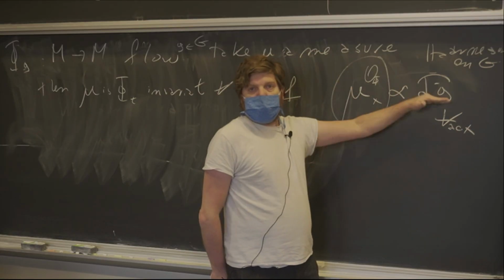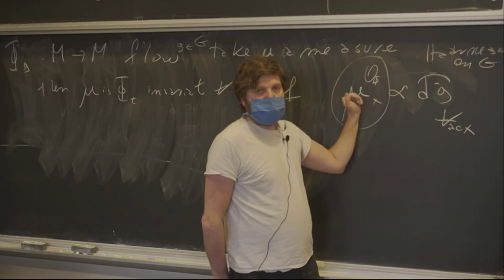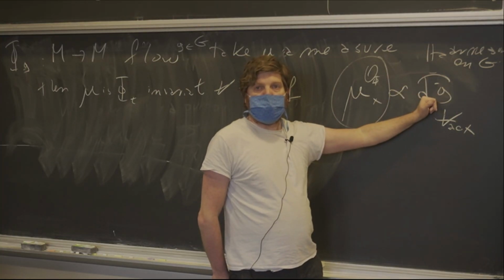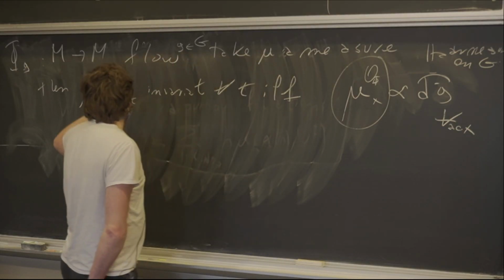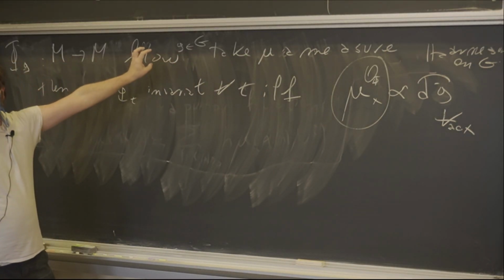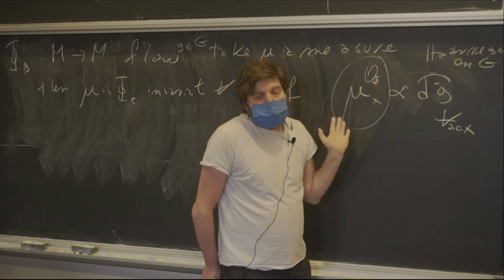And I can ask myself whether these two measures coincide up to a constant or do not coincide up to a constant. If they do coincide up to a constant, then the measure mu is G invariant. If they don't, then they don't.